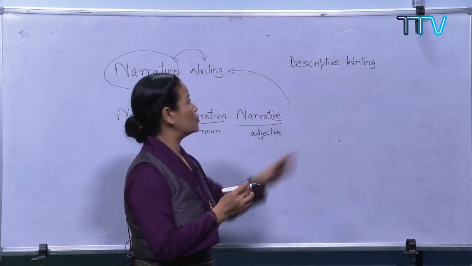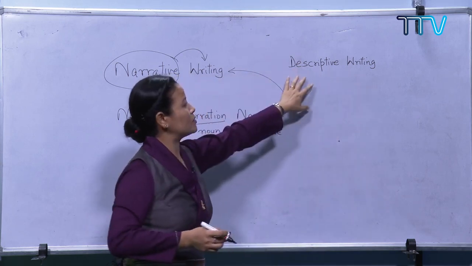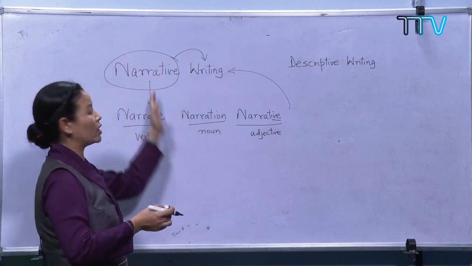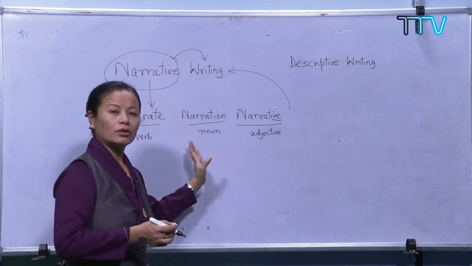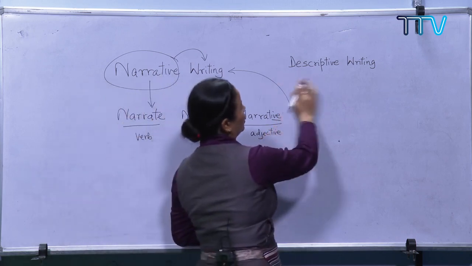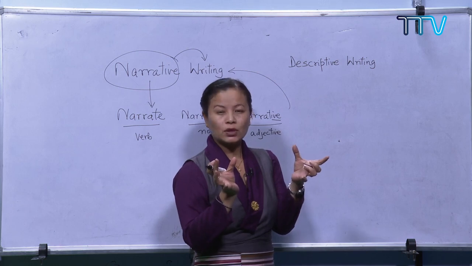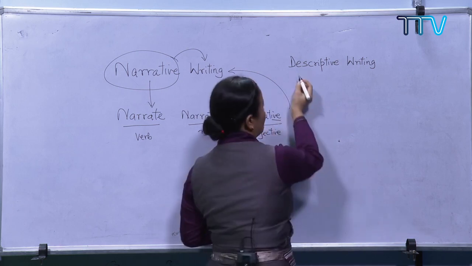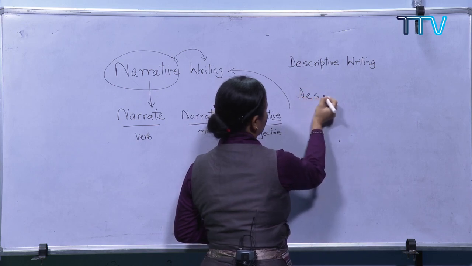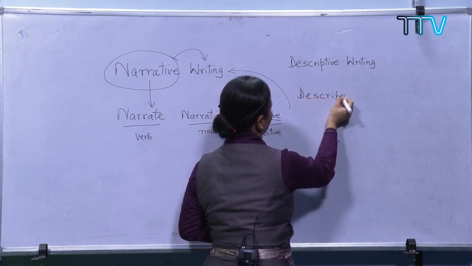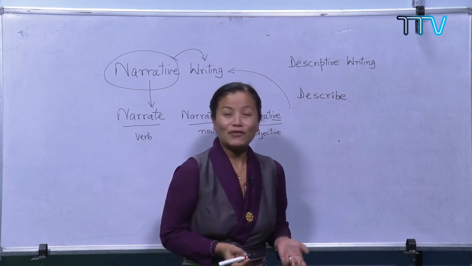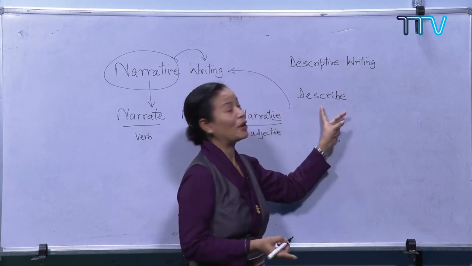I want you to look at descriptive writing based on the narrative writing, because this is how we try to puzzle out the meaning. So if descriptive is a new word for you, it's okay, but I don't think this is a new word for you. Is describe a new word for you? Of course not, right? You all know what describe means.